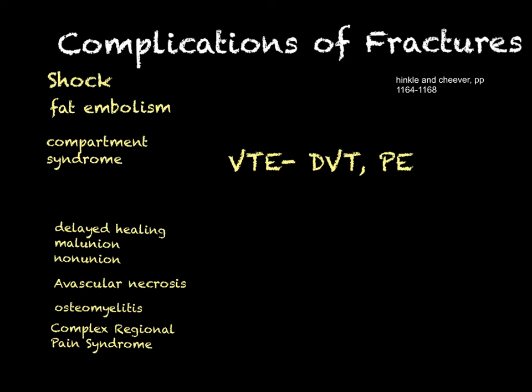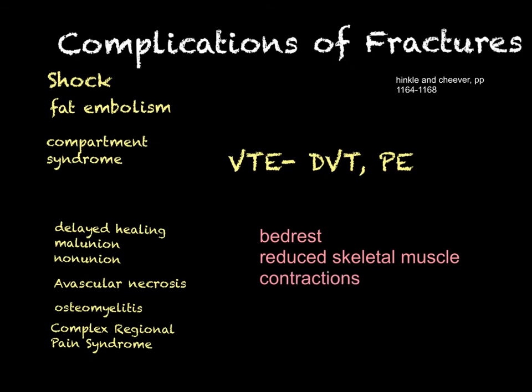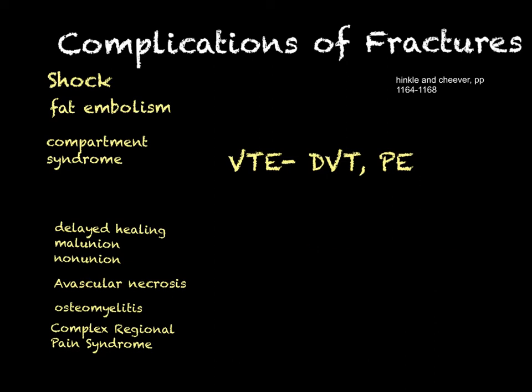The two contributing factors are bed rest and reduced skeletal muscle contractions. So those are your risk factors, which is why we emphasize mobility so much when we treat musculoskeletal disorders. And it's one of the reasons that traction has fallen out of favor.